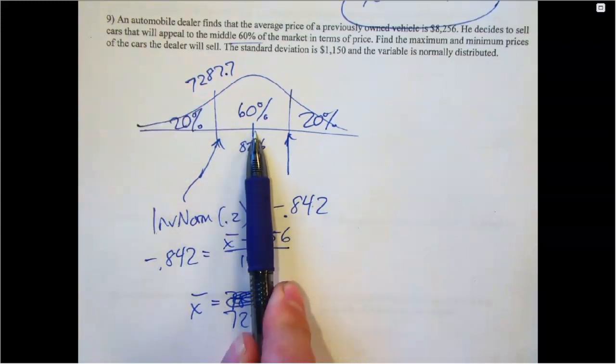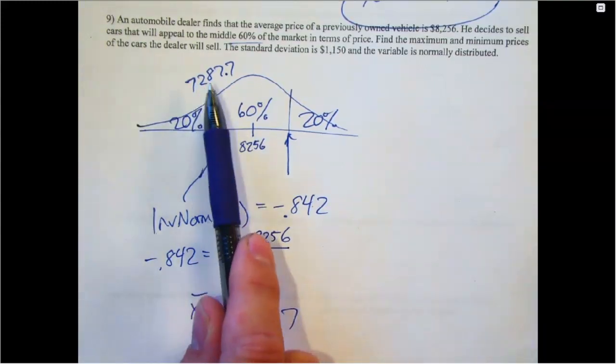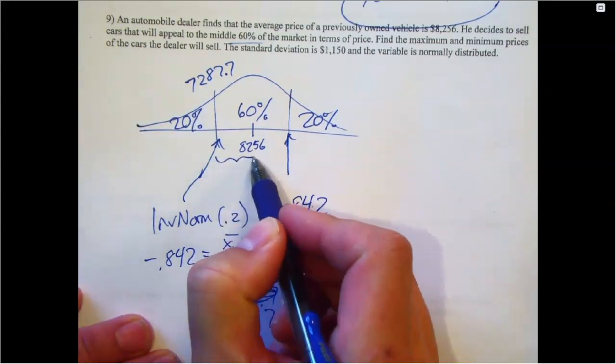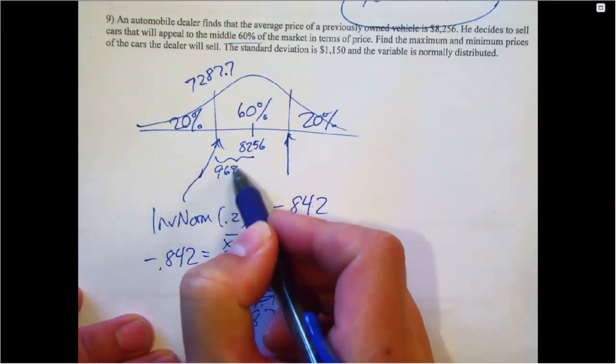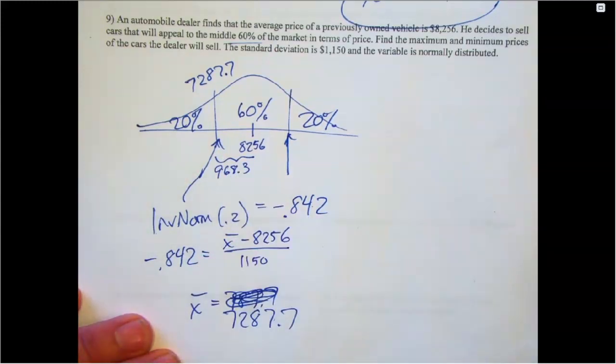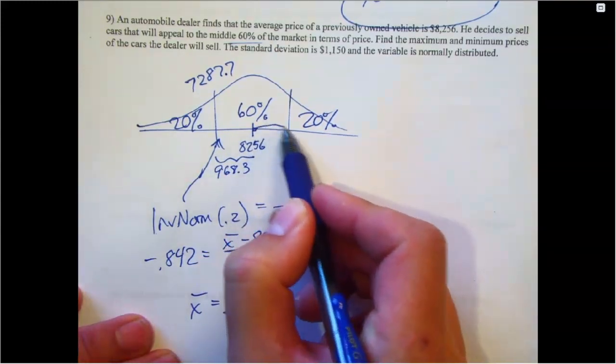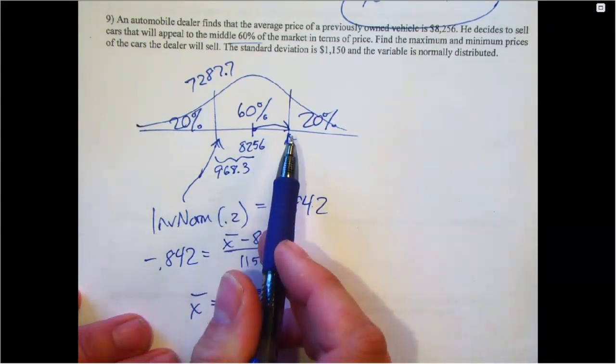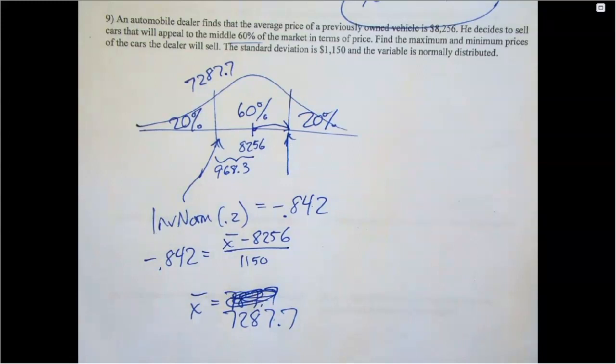So if I do 8256 minus 7287.7, that tells me that this distance is 968.3. So then to get from this number to this number, couldn't I just add 968.3 to the mean? You're just going like the same distance the other way.